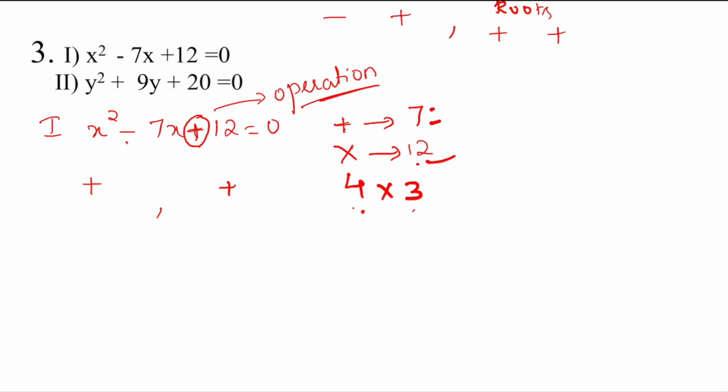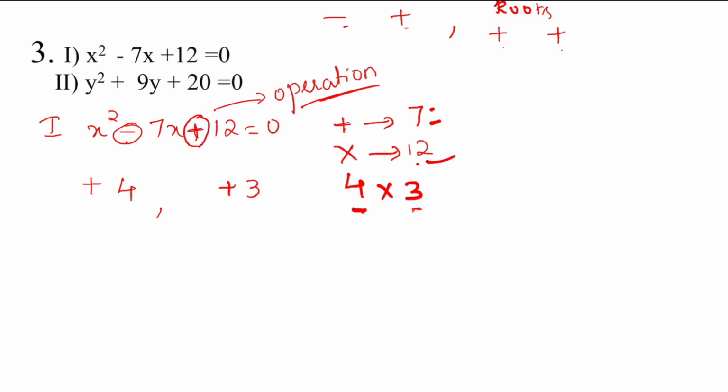So, write the greater number first and the lesser number second. Therefore, what are our roots? It is plus 4 and plus 3. Don't worry about this negative sign. We already know from the table that if it is minus plus in the equation, the roots will always be plus plus.